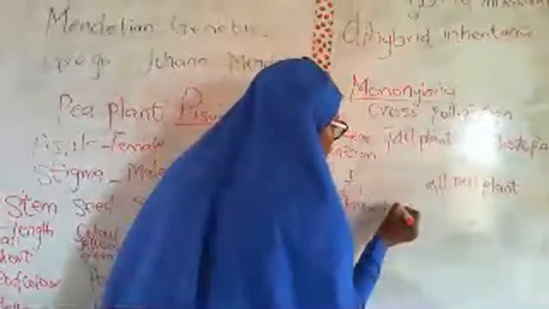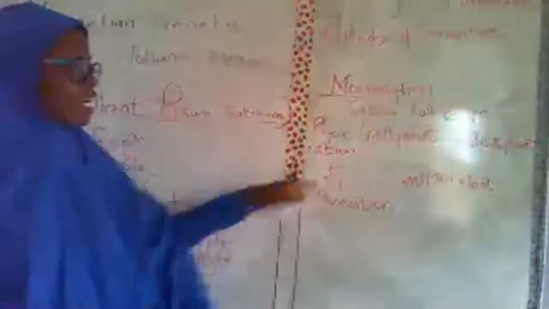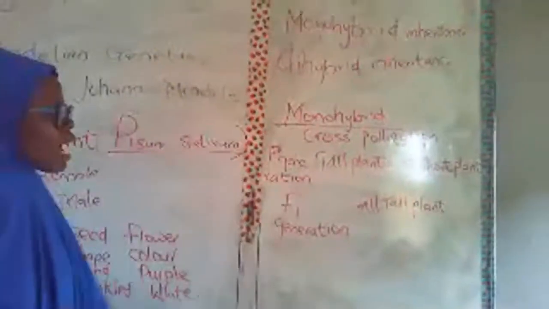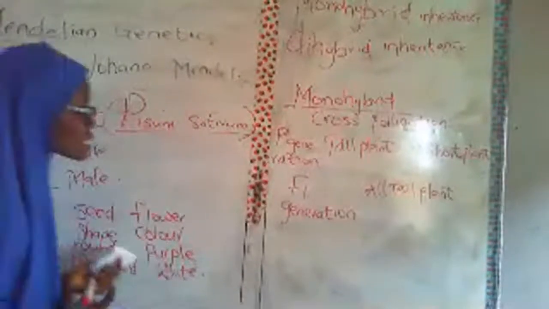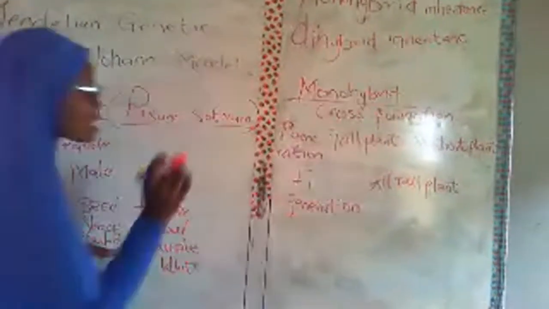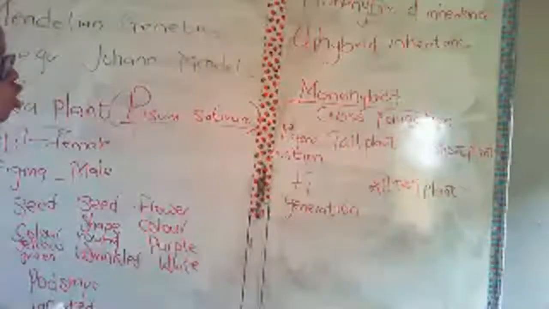You might be wondering what the meaning of F1 is. F1 is the first filial generation. Filial is from the Latin word filialis, which means of son or of daughter. So that is why we have F1 generation as the progeny.